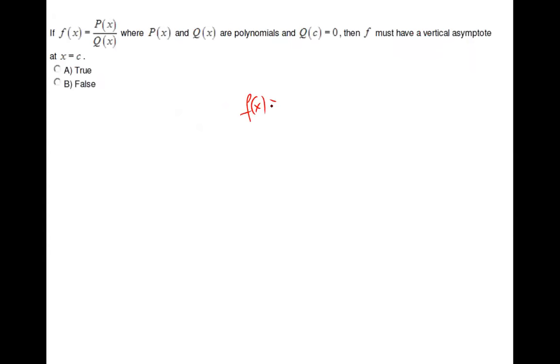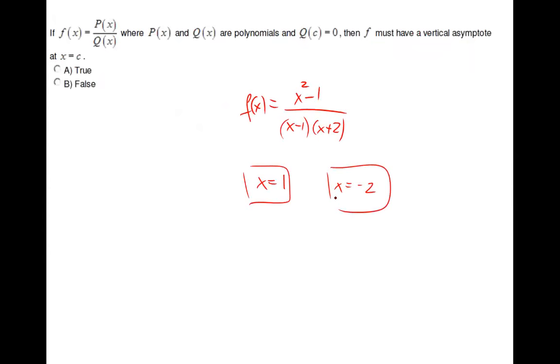Let's see. We will have the function x squared minus 1 over x minus 1 times x plus 2. The c values are the zeros of the denominator, 1 and negative 2. Again, a good exam type question. Does this function have a vertical asymptote at 1 and at negative 2?